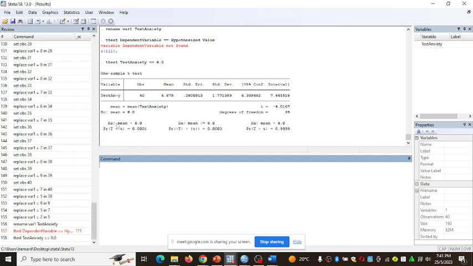So we have some conclusions based on this. It means that the actual mean of test anxiety is less than 8.